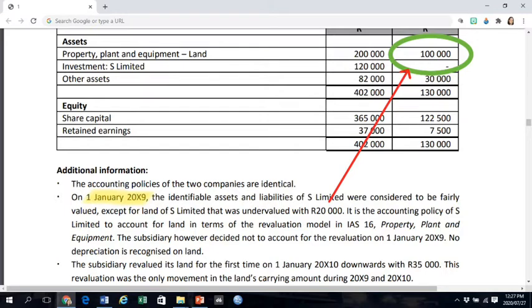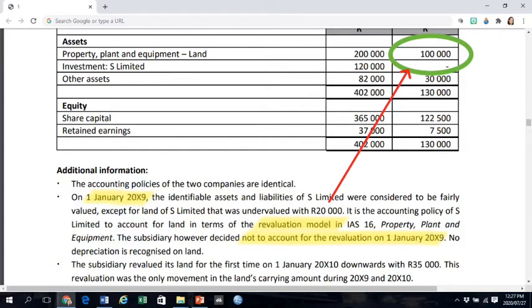It is the accounting policy of S Limited to account for land in terms of the revaluation model. The subsidiary, however, decided not to account for this revaluation at acquisition date in its separate financial statements. So it's a very similar example to the one we had in example 7.3.